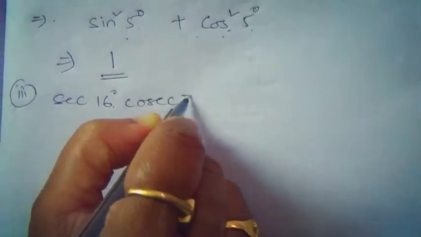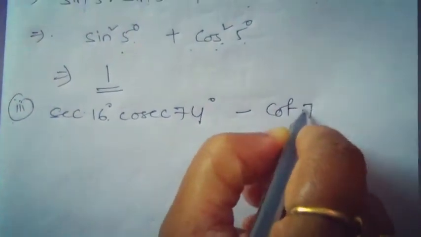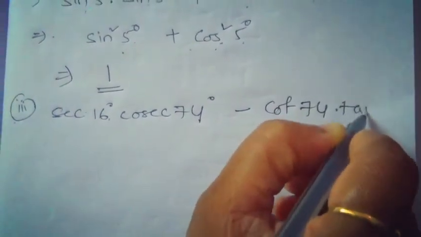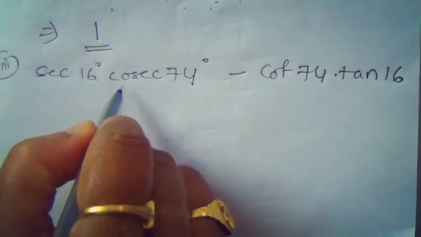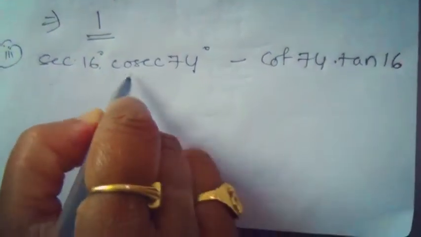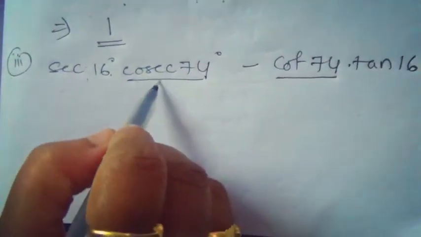cosecant 74 minus cot 74 tan 16. You just change these two. Any one you change, all the terms have to be in 16. So you just change this one.